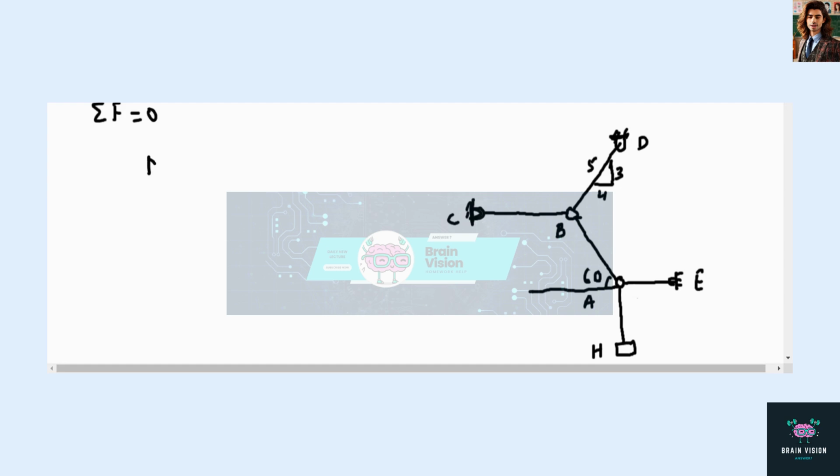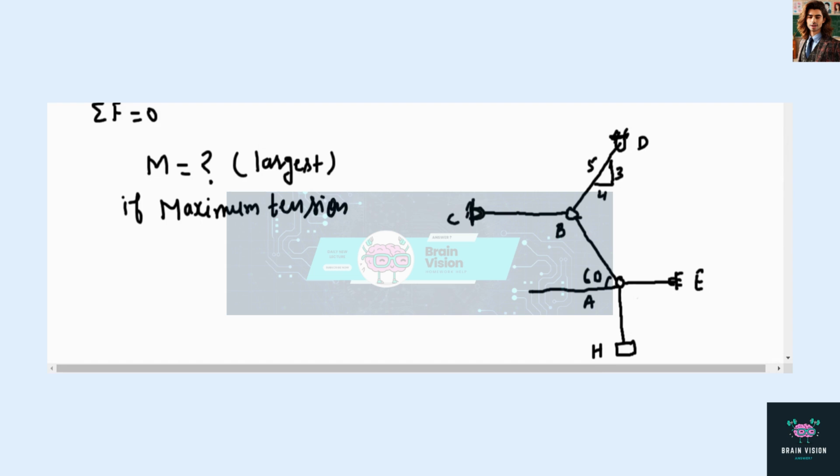The mass of the cylinder we have to calculate what its value should be largest, if maximum tension in each cord is to be 500 Newton. Let us start solving it.